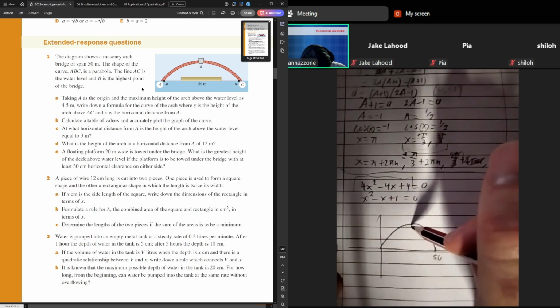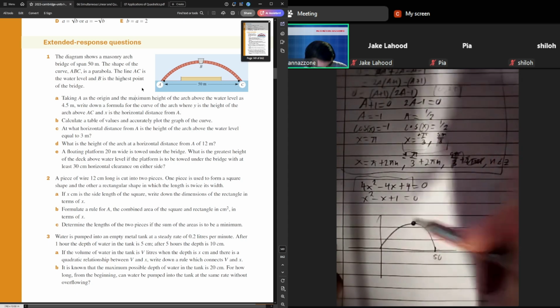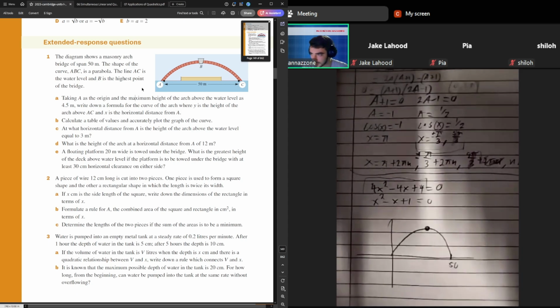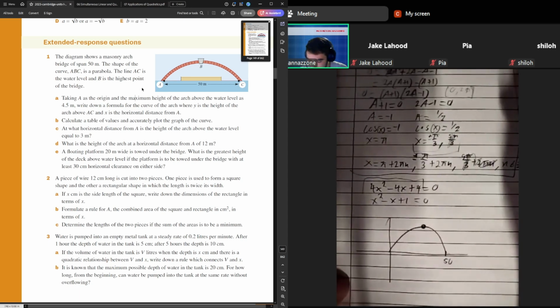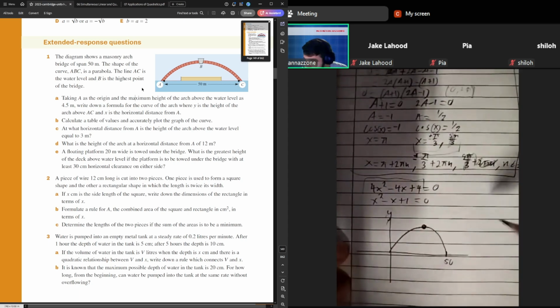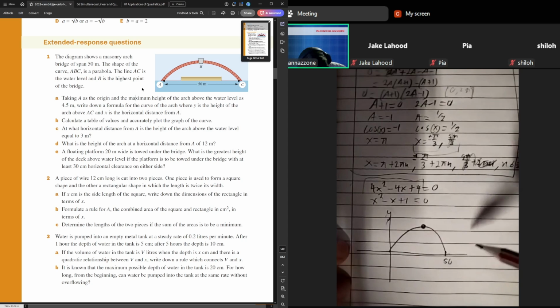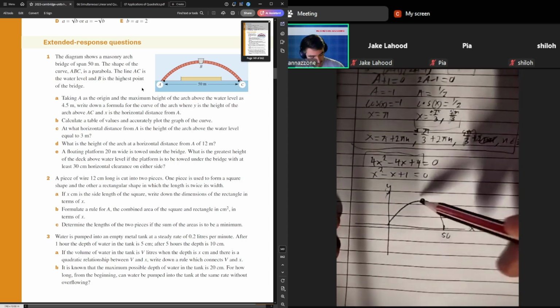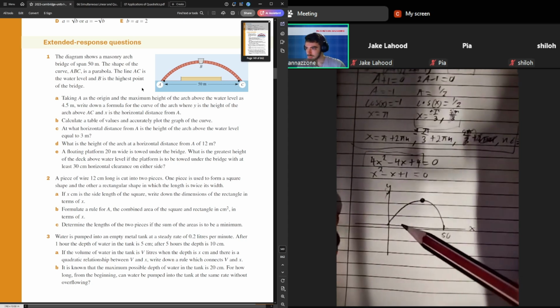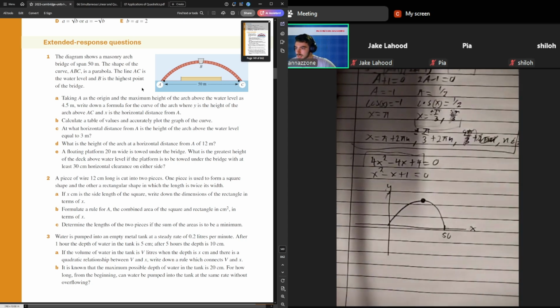So 50, we have some turning point that's going to belong up here. It says y is the height, so that's going to be y. It says x is the horizontal distance, so x is going to be that. Now we need to give this equation. There's some information in it that we haven't put down yet. What might we start to do to get closer to the equation of this?